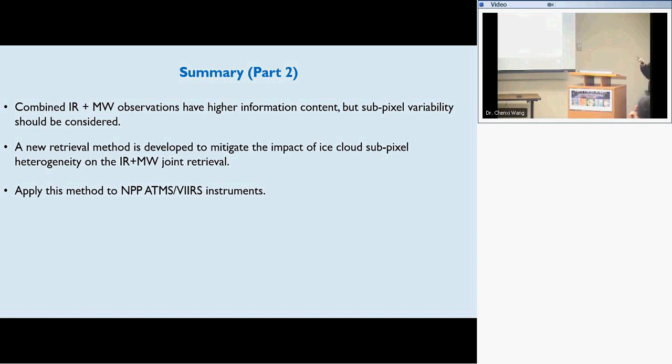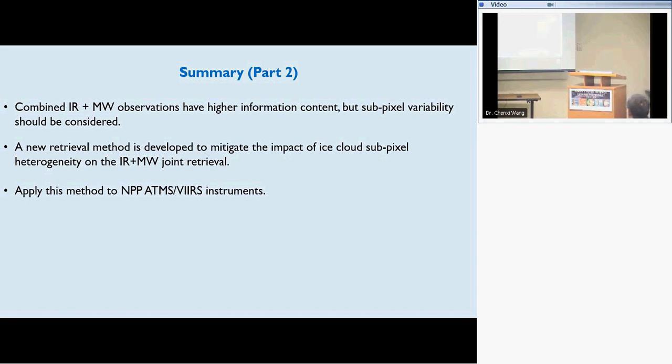Okay, summary here. We have the joint infrared and microwave retrieval to retrieve cloud optical depth, ice water path, and cloud top height. And we have a new method to handle the subpixel variability as I talked about before.